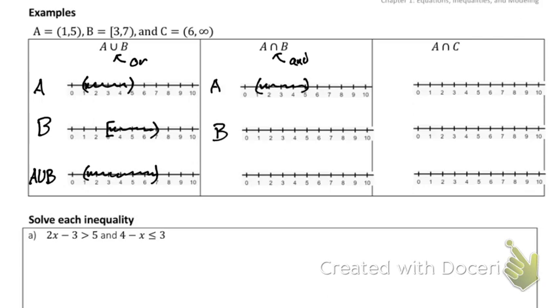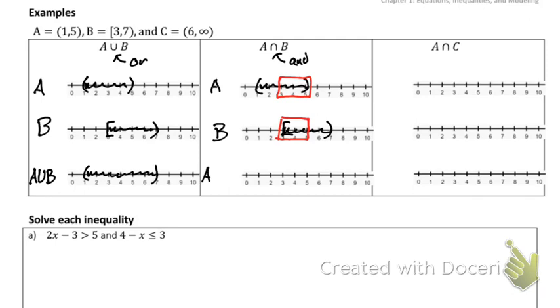Our B value would be all the way from 3 all the way to 7. We are not pushing these two things together. In fact, we're just looking for that overlap. What numbers do these have in common? So if you look at this little section here, that's going to match this little section here. So that is, in fact, our overlap.